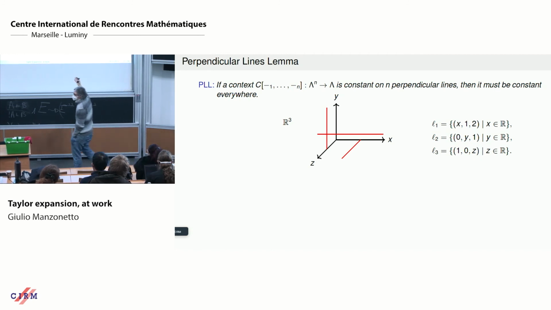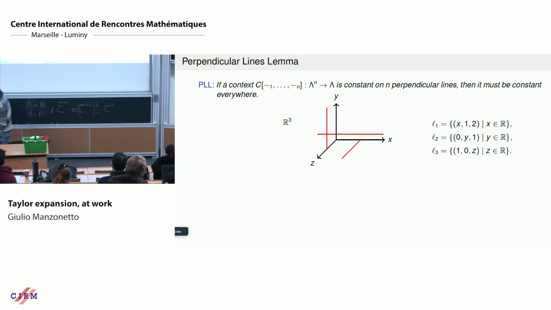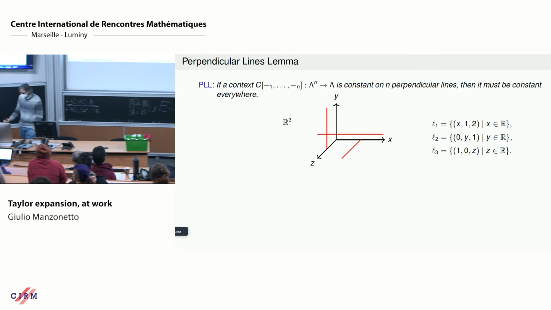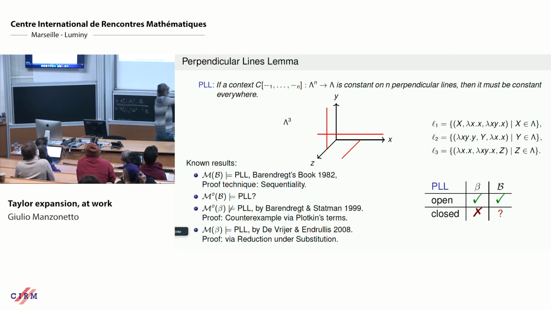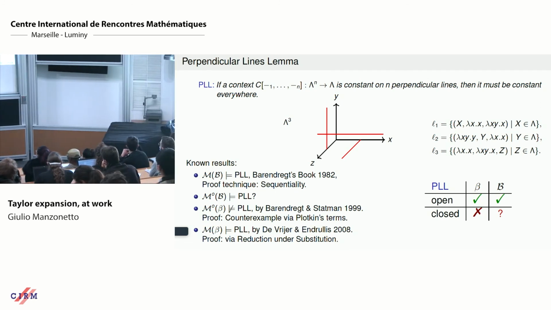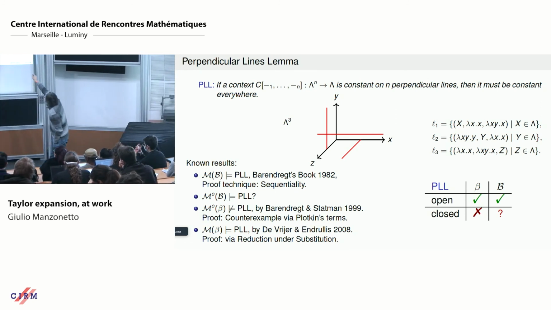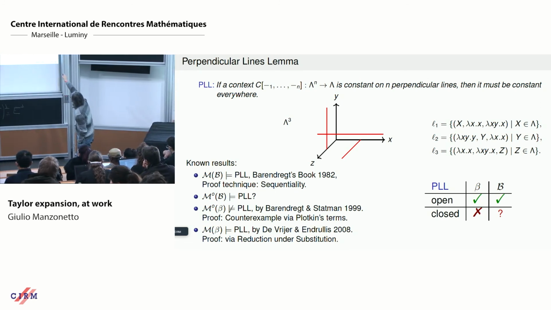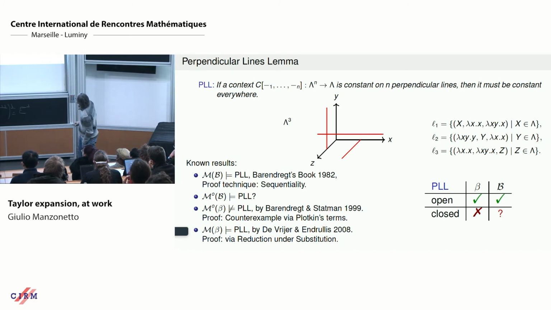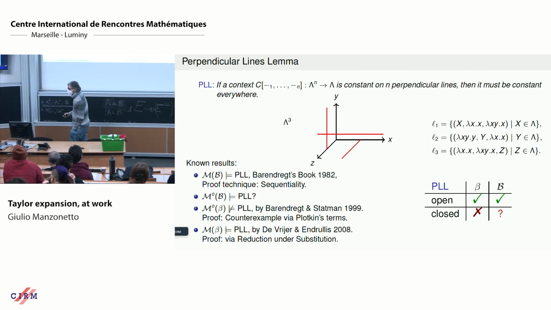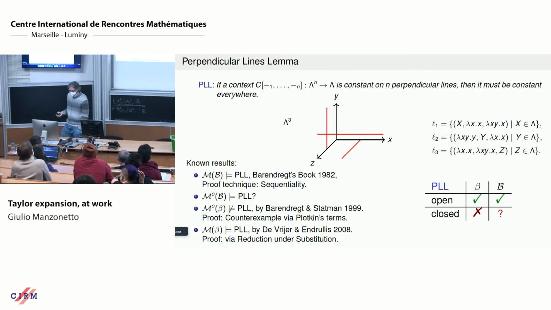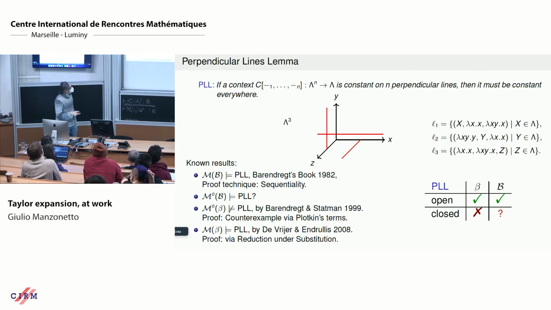So we can generalize this notion of perpendicular lines to lambda calculus by considering tuples where at every time a different component varies. So the known results are that the perpendicular lines lemma holds for Böhm trees.